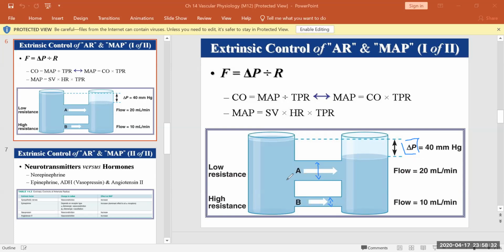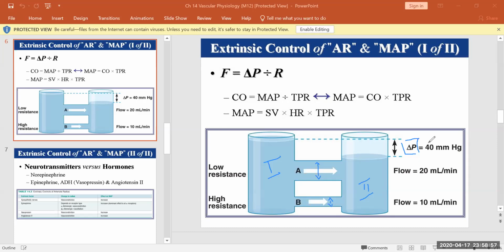Okay, so let's call this compartment 1 and compartment 2. Compartment 1 has more liquid than compartment 2. So because of that, compartment 1 has a higher pressure than compartment 2.